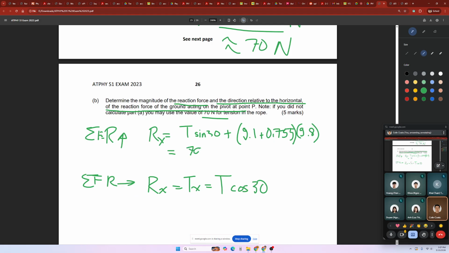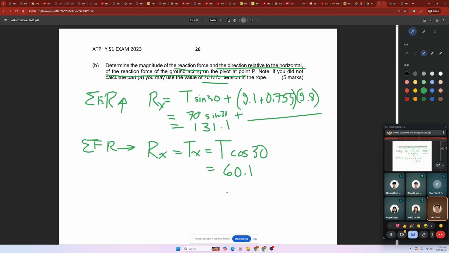Maybe you got it wrong, so you just put it in here. So we got 70 sine 30, all that, plus this. And for that one, you should get 131.1. And this one, whatever cosine of 70 is going to be, is roughly 60.1. Okay?